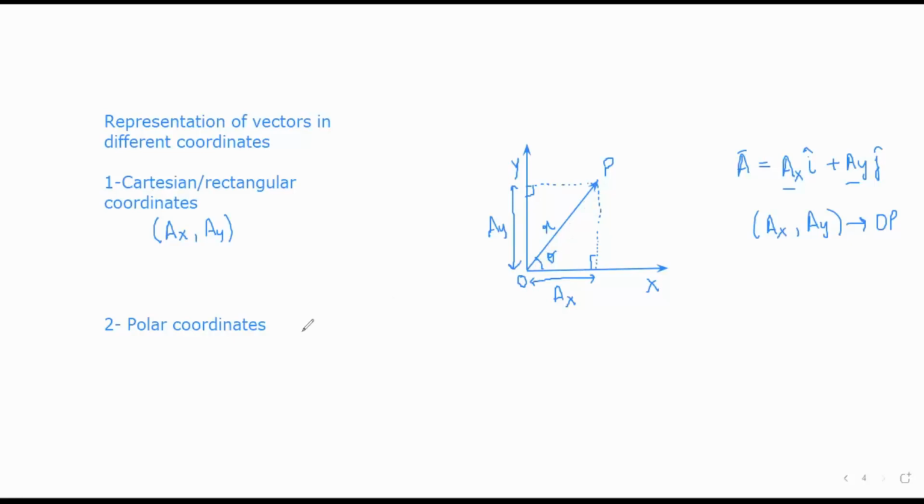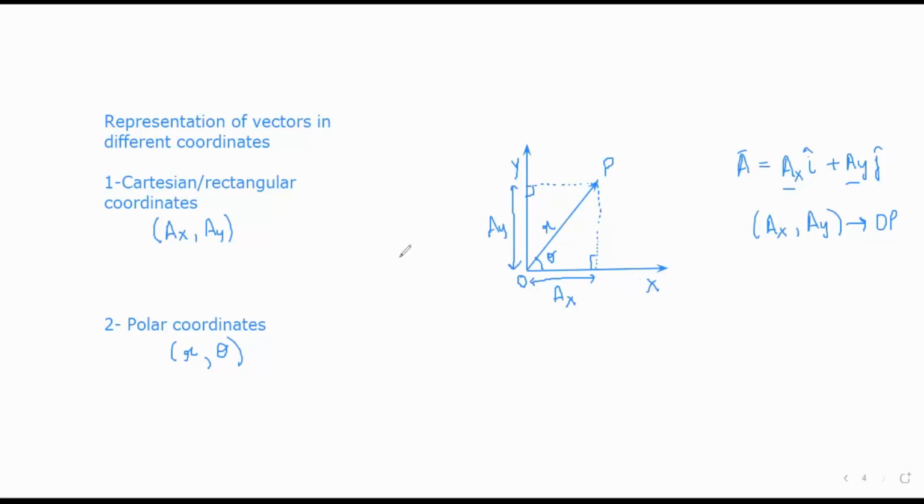So when we specify any vector in terms of r and theta, then we say that we are specifying the vector in the polar coordinates, that is r and theta. That means we need two pieces of information for specifying a vector.